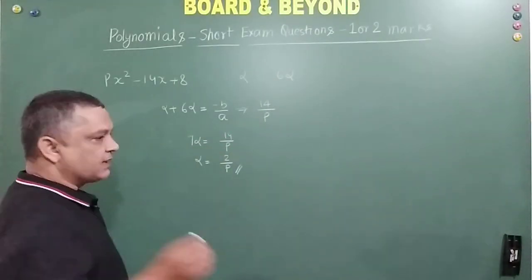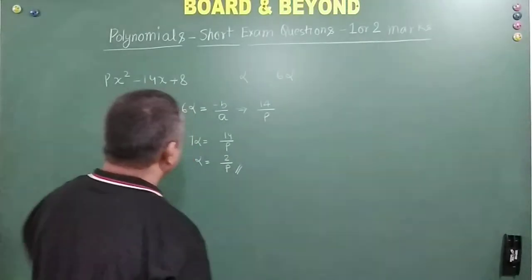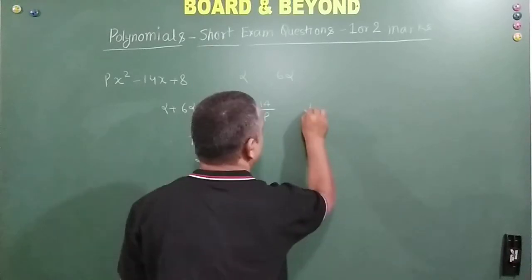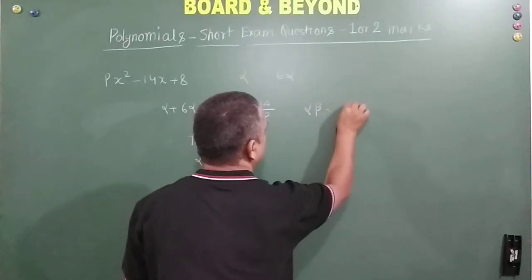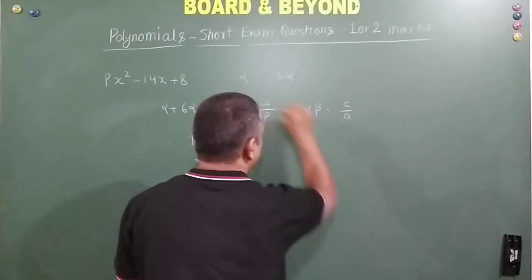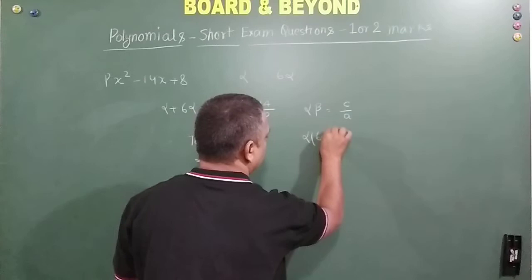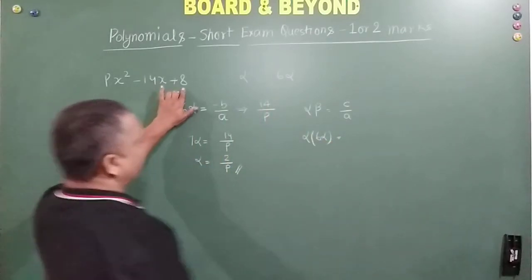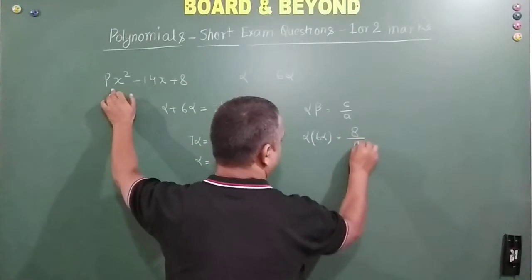Now there is another condition that we know. Alpha into beta is how much, my friends? Let's do alpha into beta here. Alpha beta is equal to c by a. So in our particular scenario, alpha into 6 alpha is equal to c by a. How much is c? 8, right? 8 by how much is a? A is nothing but p.